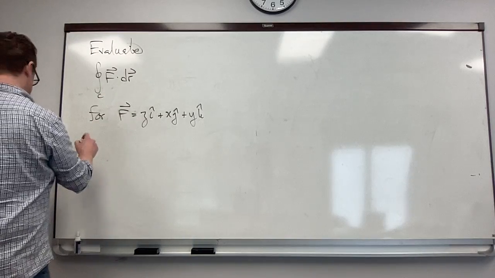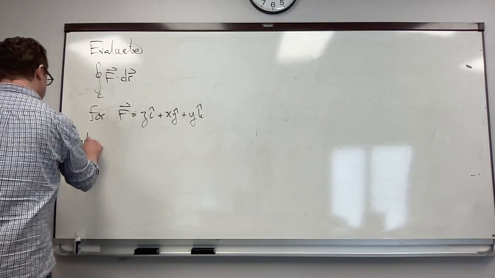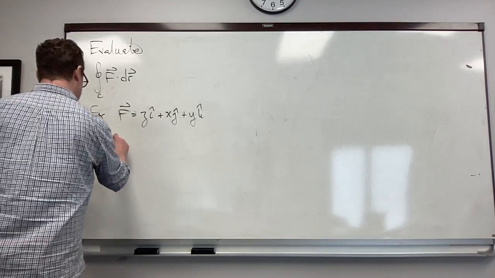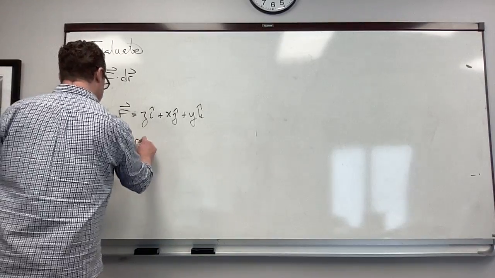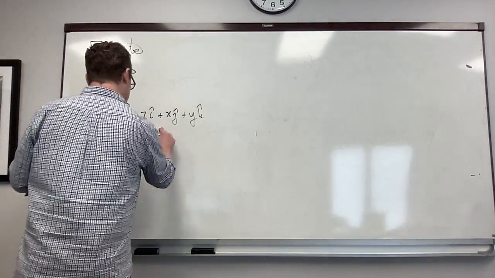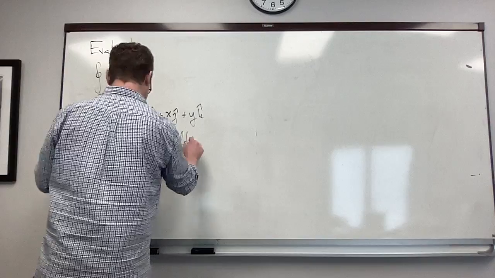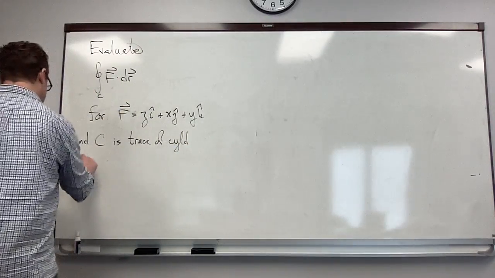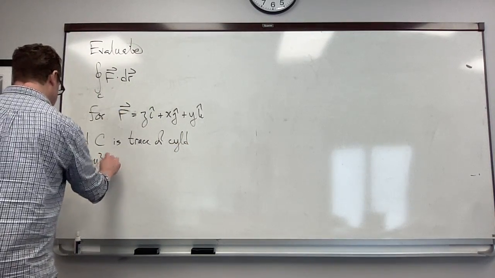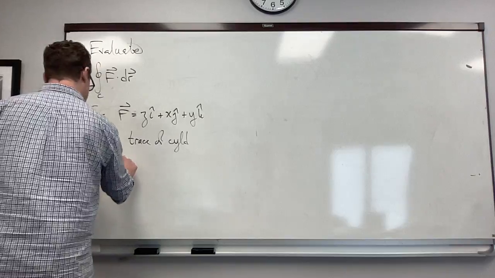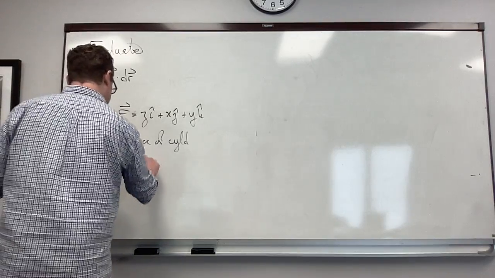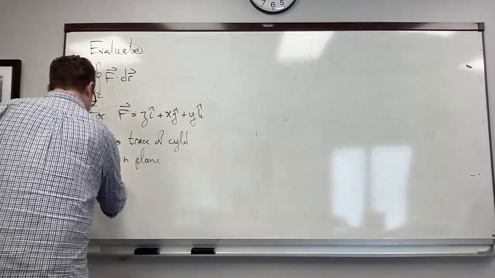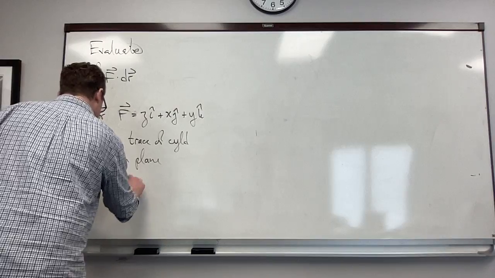And we also got to have C. And C is the trace of the cylinder x squared plus y squared equals 1 in the plane y plus z equals 2.